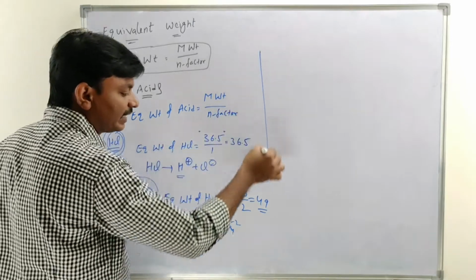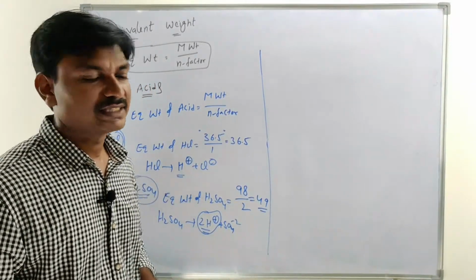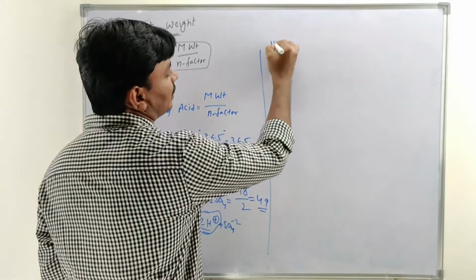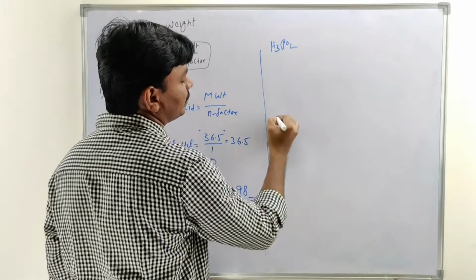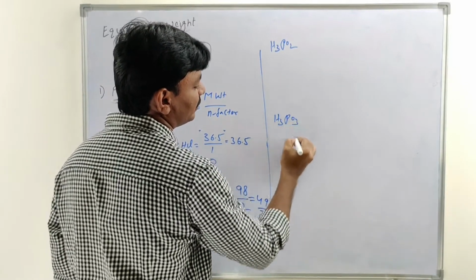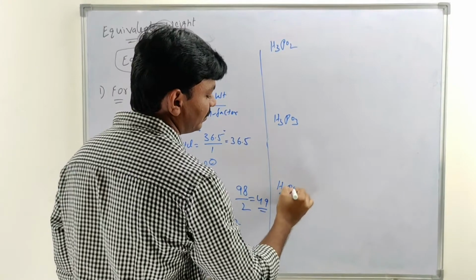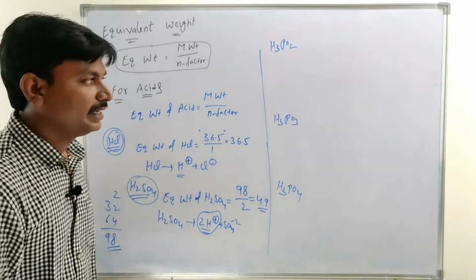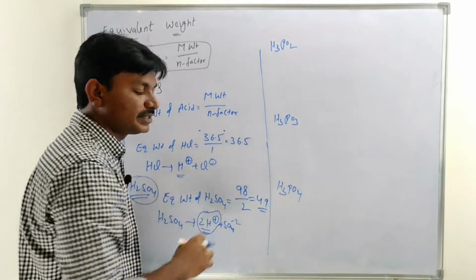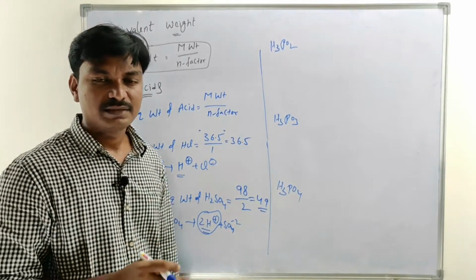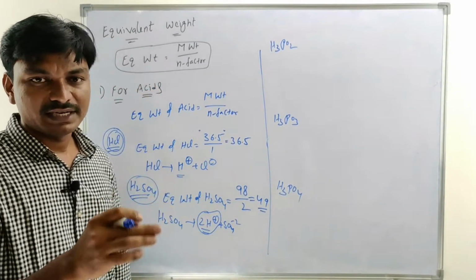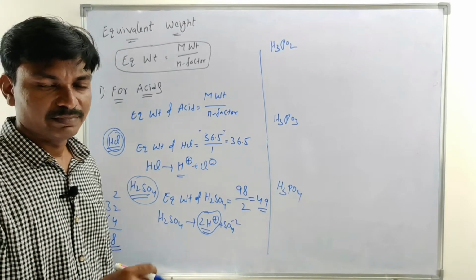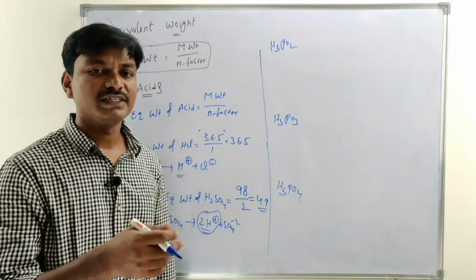Another example: the oxy acids of phosphorus. Here they are H3PO2, H3PO3 and H3PO4. These three examples have 3 hydrogens present, but basicity is not equal to the number of hydrogens. Basicity depends only on the releasing of H plus ions.